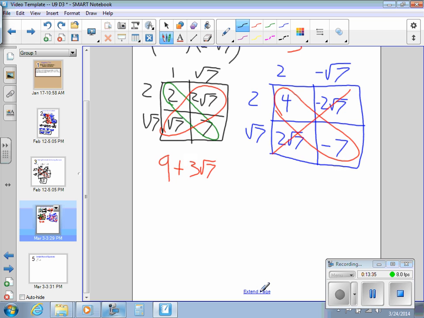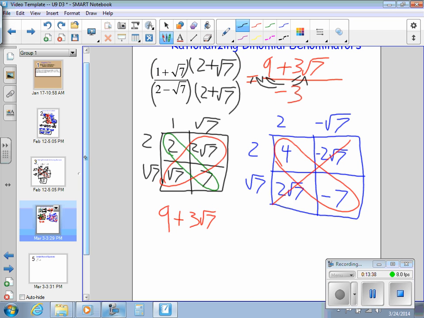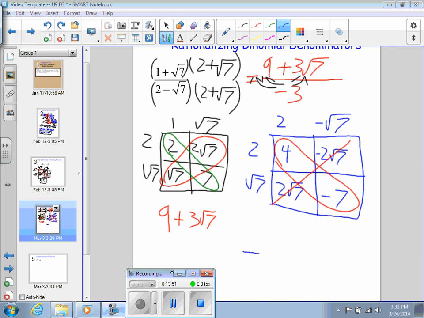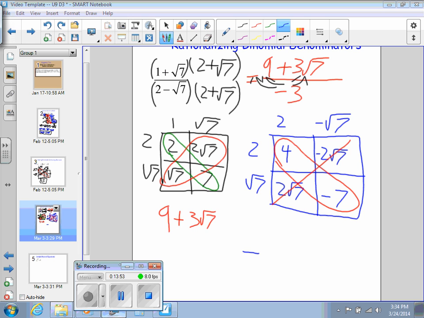Let's extend the page some. So if I do that division, first of all, the negative's going to come out front. And the 9 divided by 3 is 3. And 3 times the square root of 7 divided by 3 gives me just the square root of 7.